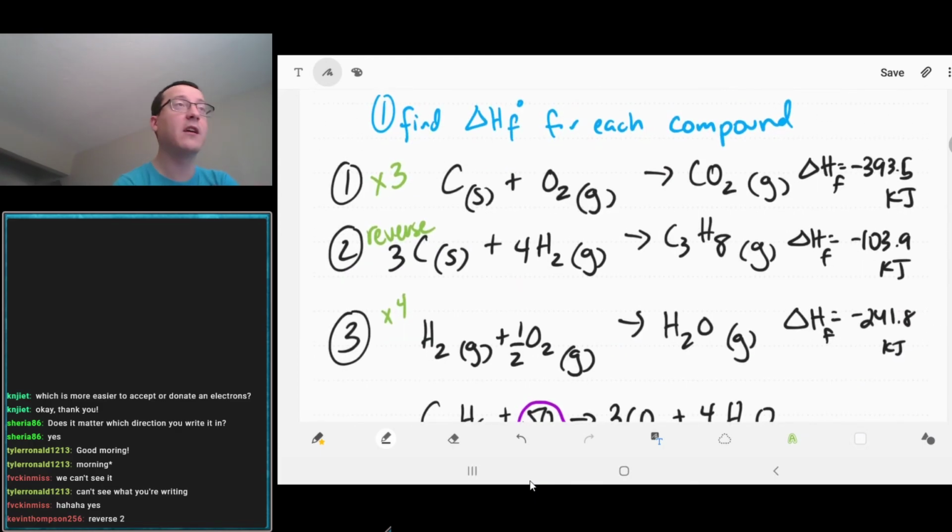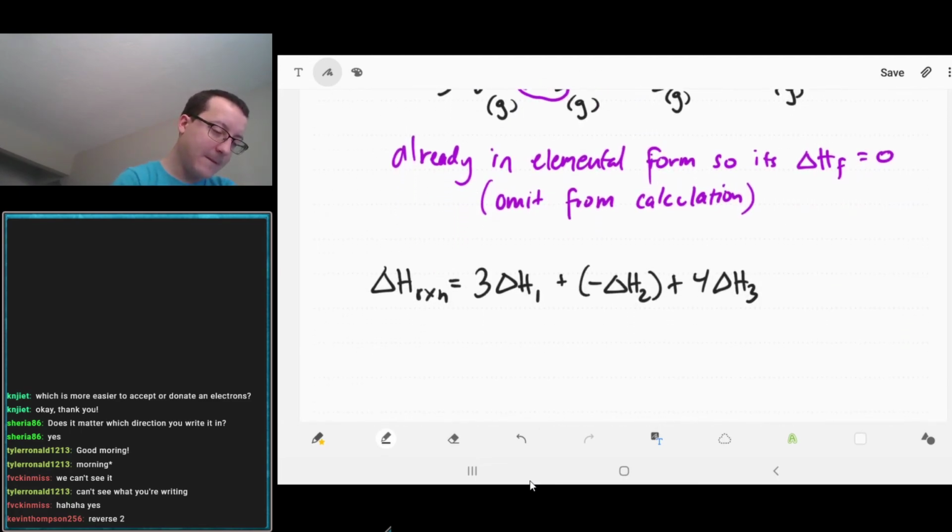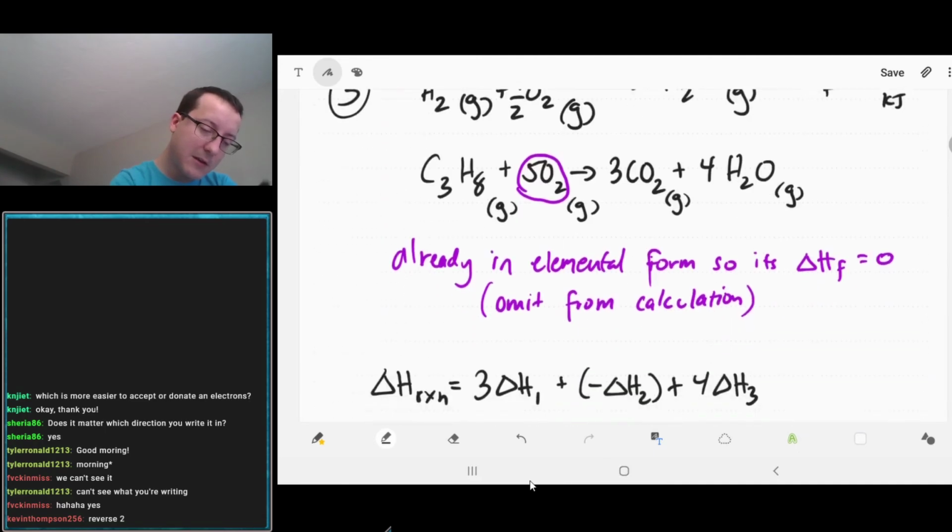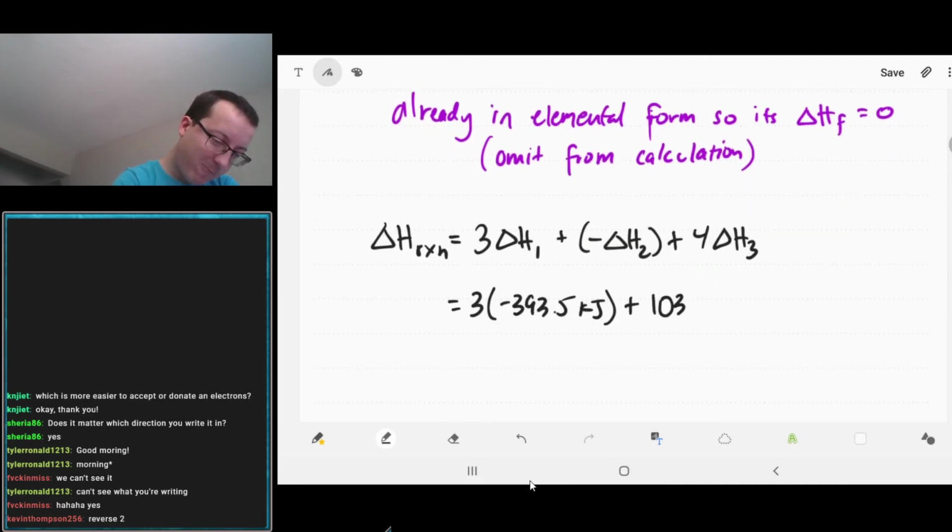Again, I'm just copying. Remember, reversing means we flip the sign, just negative. So we can put all these together. And so that's going to be 3 times negative 393.5 kilojoules plus 103.9.